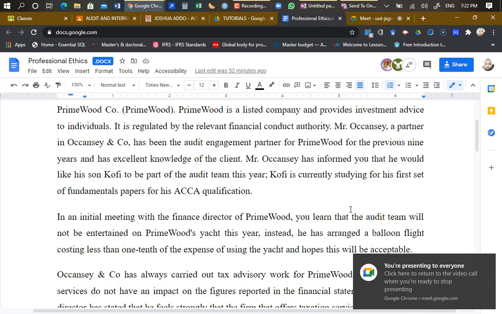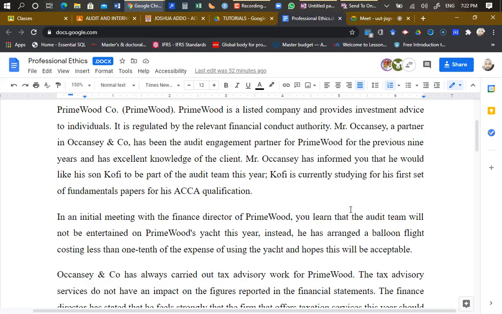So in this case, familiarity threat comes in where it normally comes in this form. In the audit client, in the company that the audit firm is going to audit, there is someone there, someone of some senior position who relates so closely to a senior member in the audit team.